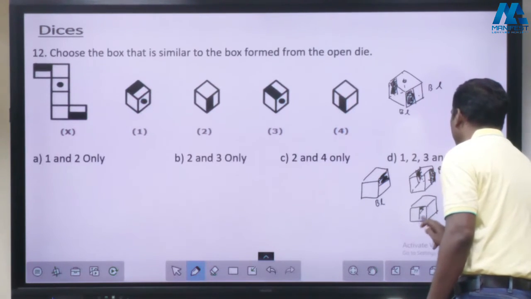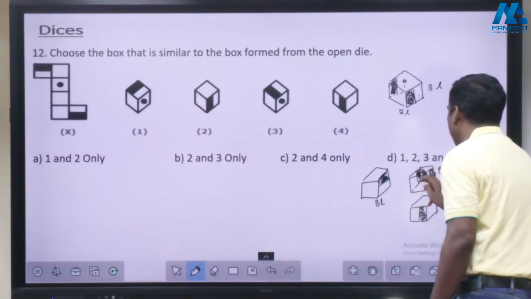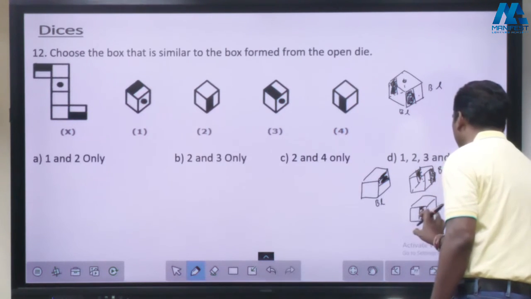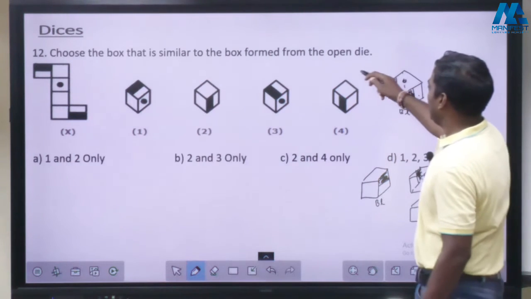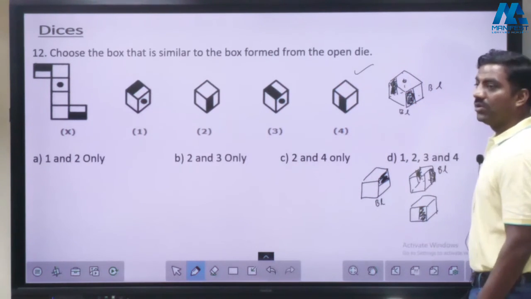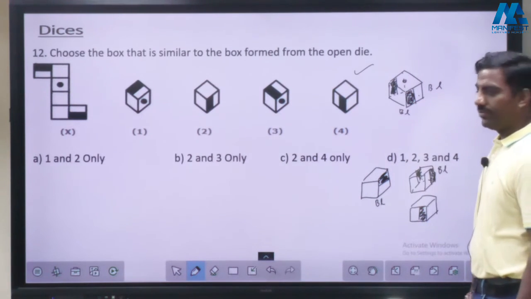It will come here. Here blank is there anyways. When you turn it, here this will be blank. So this is one possibility. That is 4. The fourth one is a possibility.